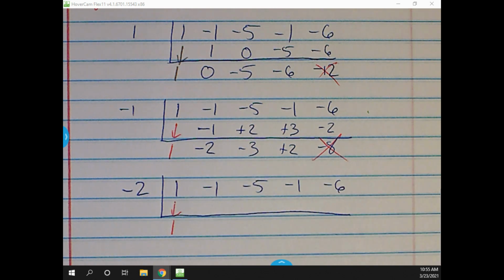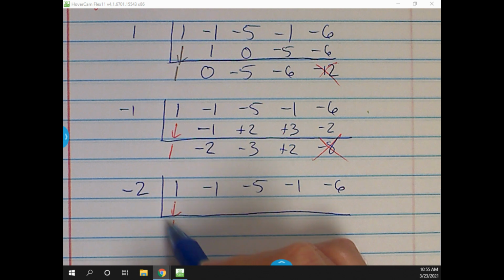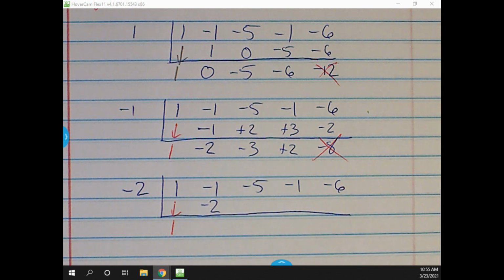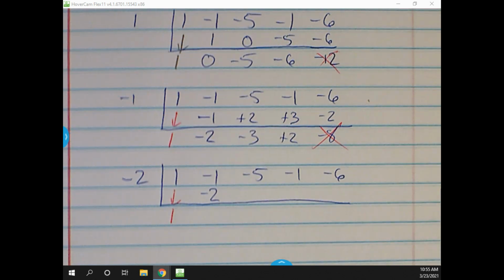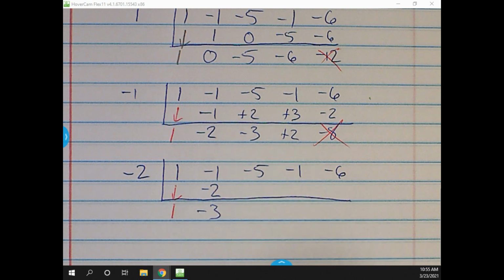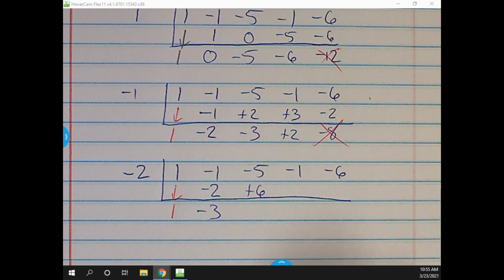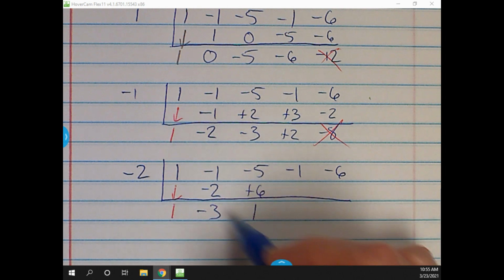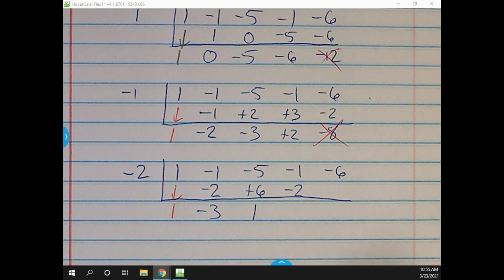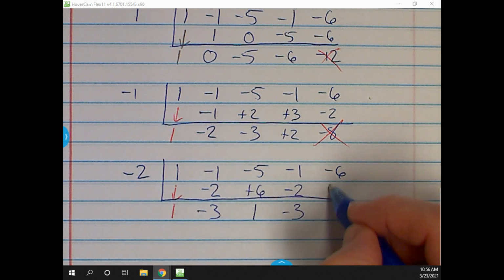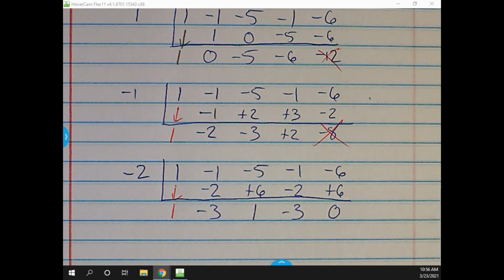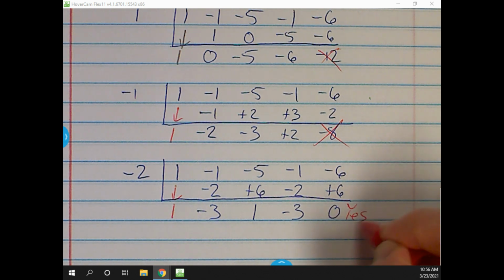First number down. -2 times 1 is -2. -1, -2 is -3. -2 times -3 is a +6. 6 minus 5 is 1. -2 times 1 is -2. -1, -2 is -3. Negative times negative is a +6, so then we're good to go. All right, so we got our first solution at -2.